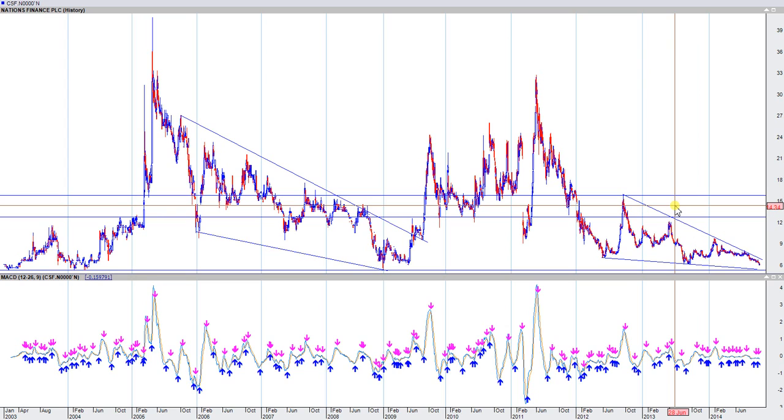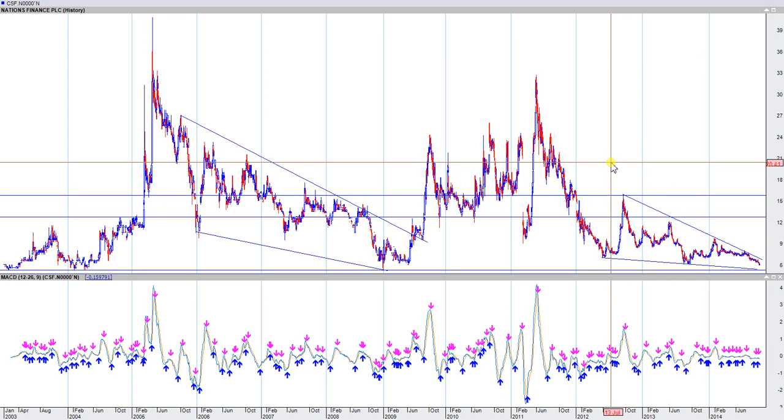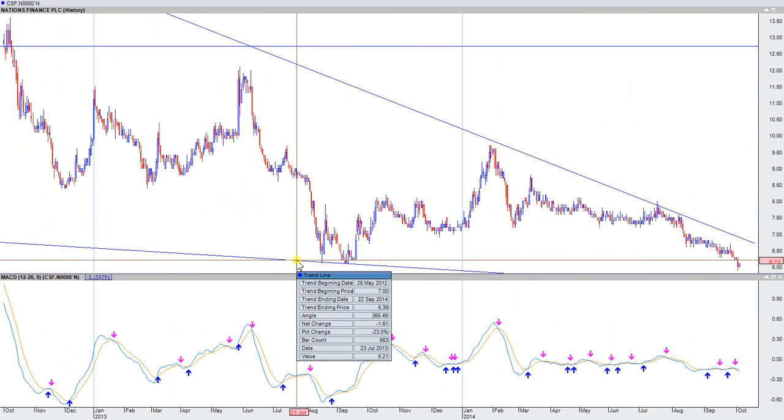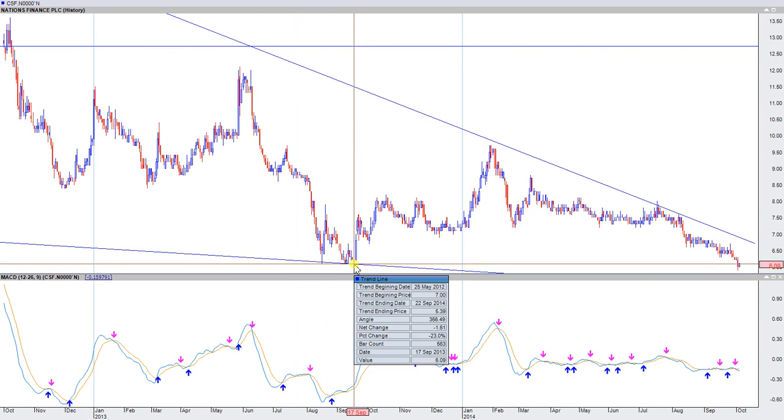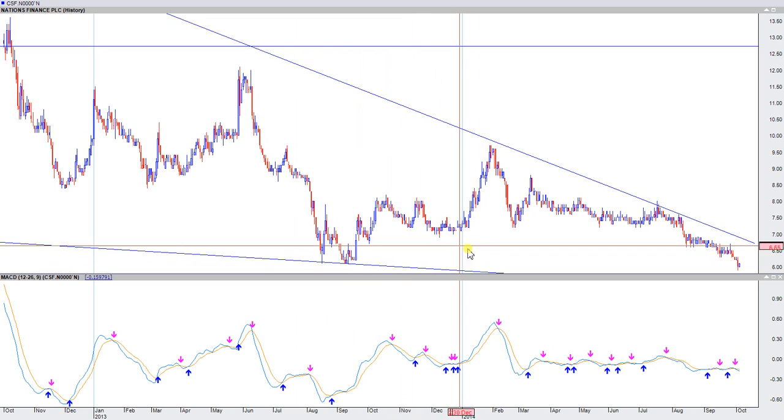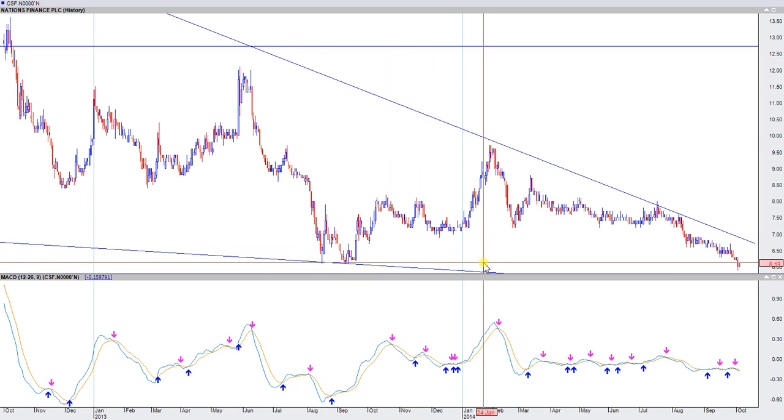So that's about it. On the price action and the targets, all we are now looking for is for the price action to take place and stabilize the price at or below 6. I don't know whether it will go below 6. That's debatable.